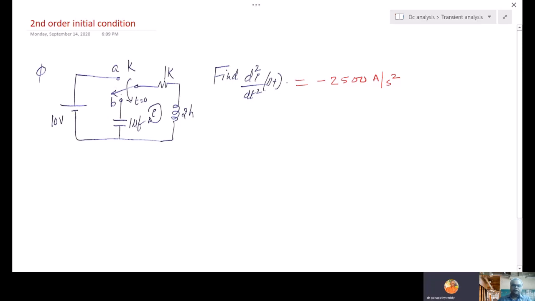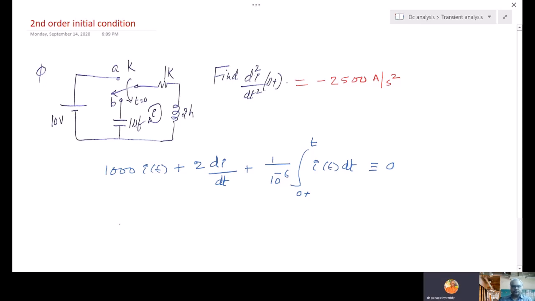After it is connected to B, what is the mesh equation? 1K, so 1000 into I of t plus L di by dt plus voltage in capacitor, 1 by 1 micro, 10 power minus 6, integral of I of t dt equal to 0.